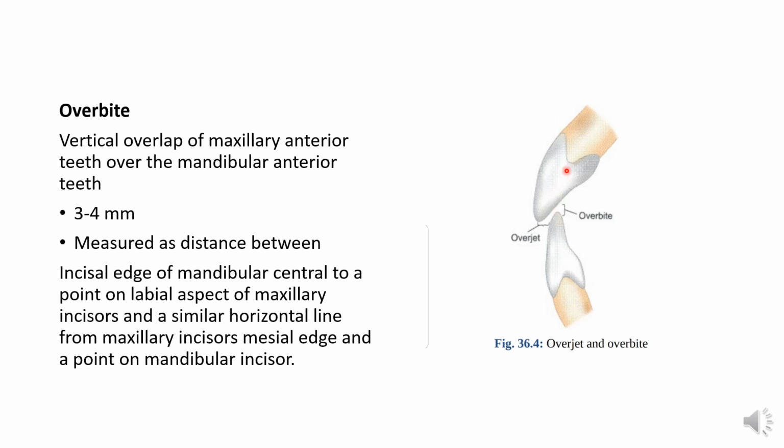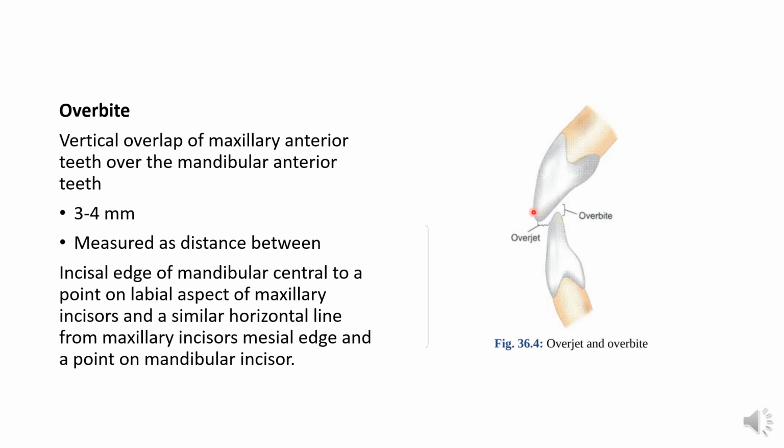So overbite means vertical overlap of maxillary anterior teeth over the mandibular anterior teeth, and approximately the overbite is almost 3 to 4 mm. Now how do you measure? You will draw a line from the incisal edge of the mandibular central incisors to a point on the labial aspect of the maxillary incisors.